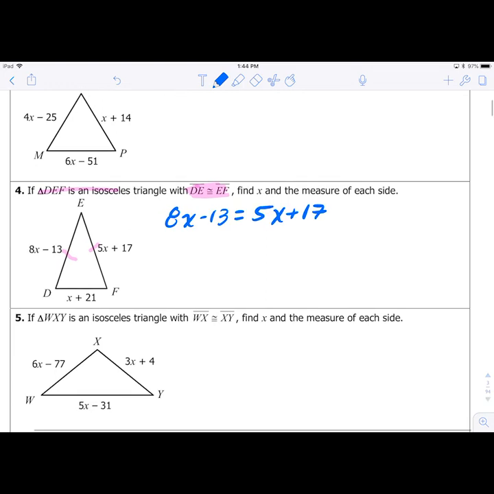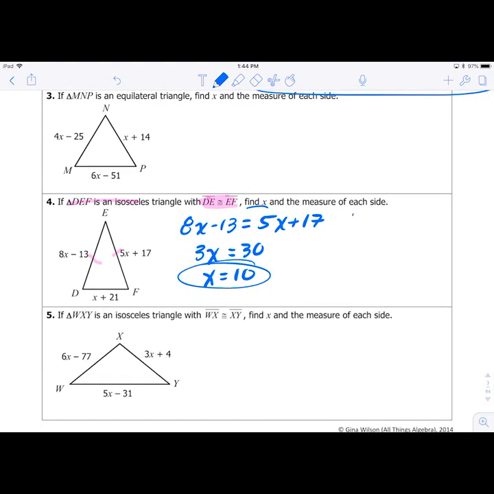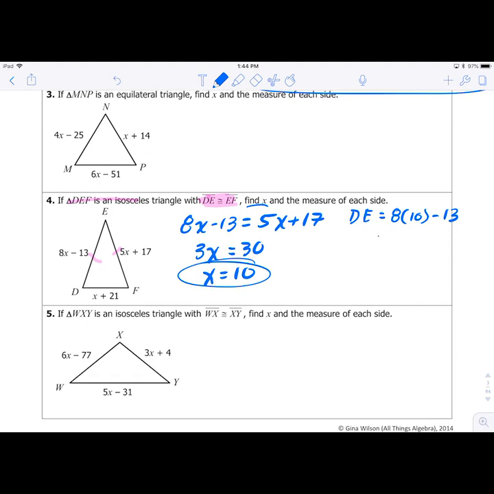So subtract 5x from both sides, you get 3x. Add 13, you get 30. X equals 10. Find x. I'm only halfway done because now I need to find the other sides. Well, let's find DE. DE is going to be 8 times 10 minus 13. So that's 80 minus 13.